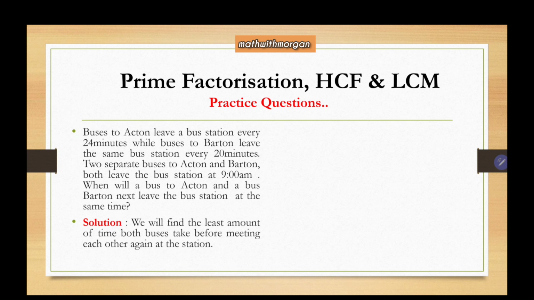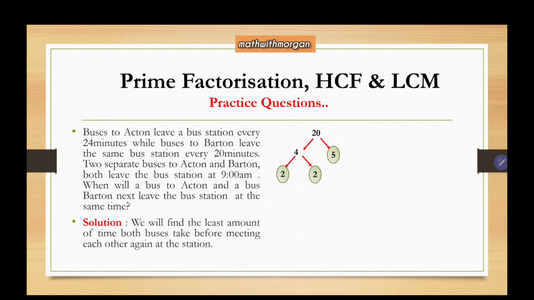Keep in mind, if we were to go by the common sense method, we would start by writing down the 24 times tables and the 20 times tables until they each match. But then why do that when you can simply just find the LCM of each of these numbers?